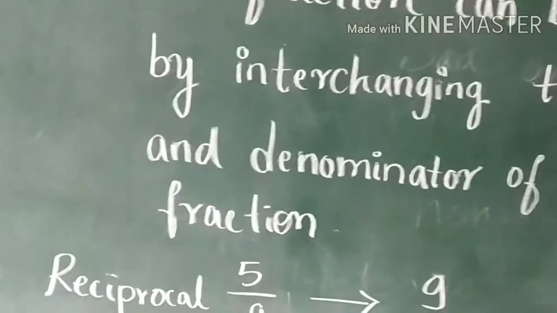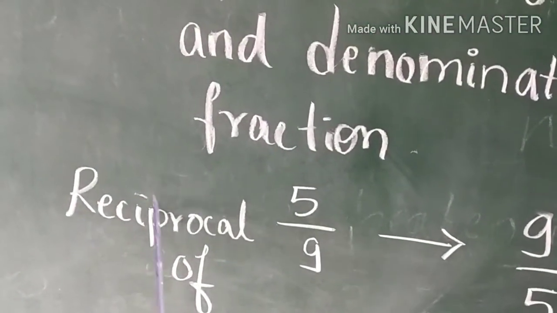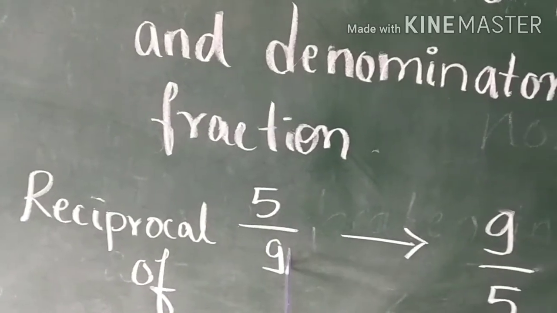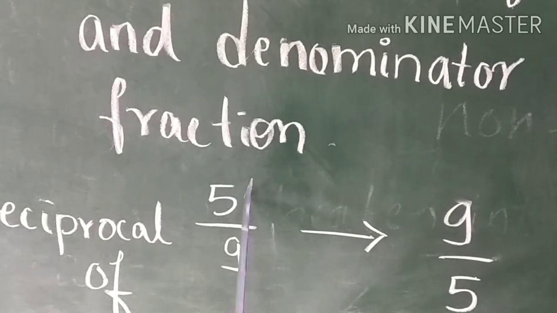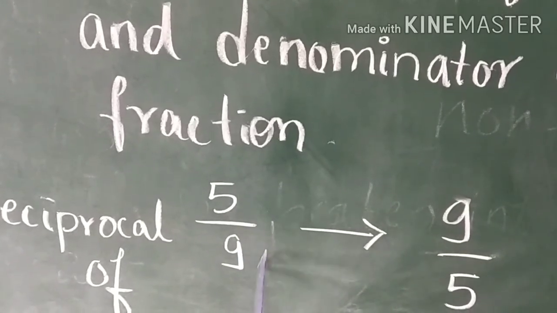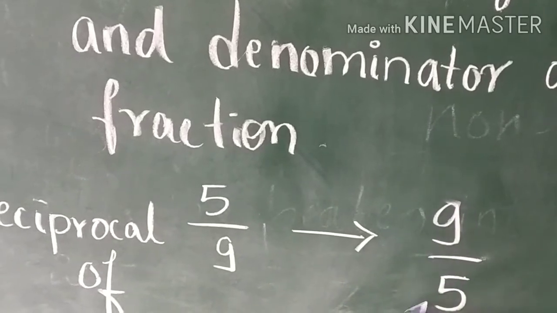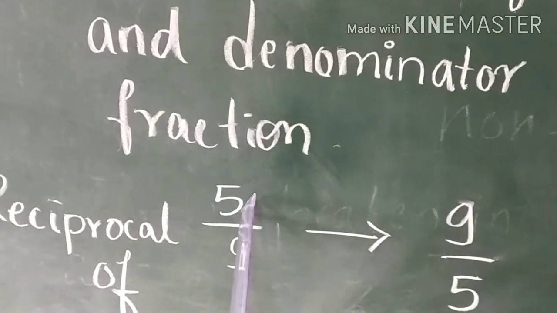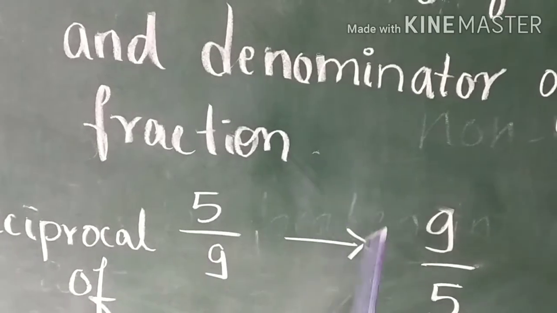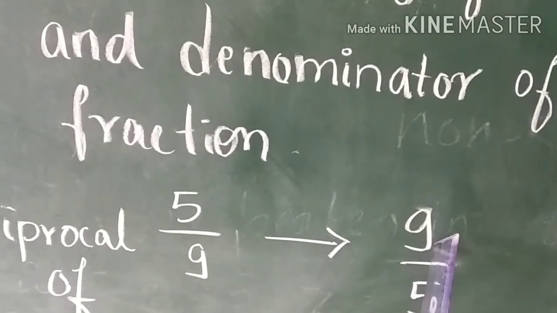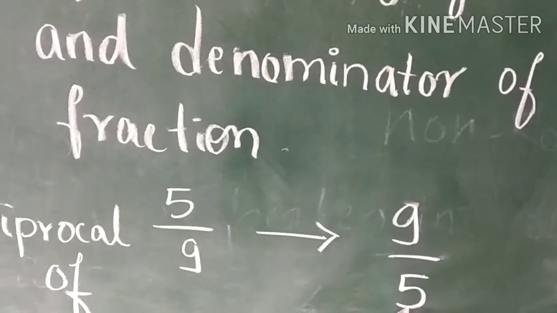Means if 5 by 9 is the fraction, the reciprocal of 5 by 9 is 9 by 5. See, here the numerator is 5 and the denominator is 9. But we have interchanged the numerator to 9 and the denominator to 5.